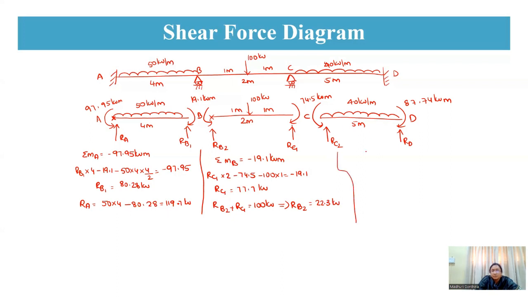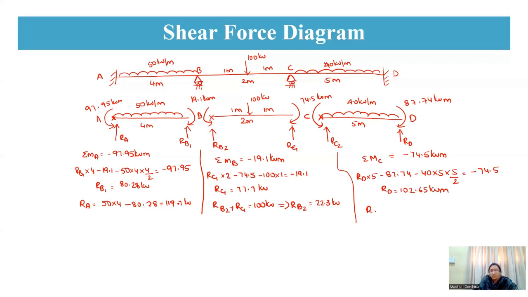Next, coming to here, moment about C. So moment about C will be equal to minus 74.5 kilonewton meter. That means RD into 5 minus 87.74 minus 40 into 5 into 5 by 2 will be equal to minus 74.5. So here RD will be equal to 102.65 kilonewton.